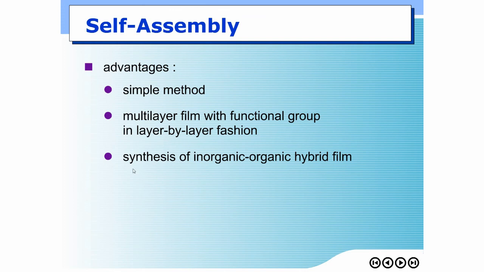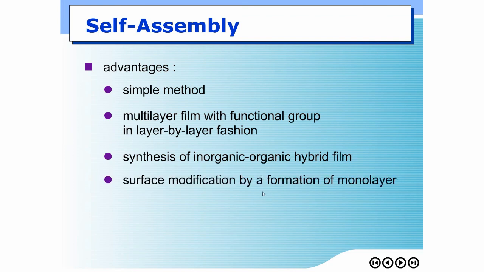This technique is very famous for the formation of inorganic and organic hybrid films. As you can see from my examples, if I choose the precursor to have an organic chain, that material should have an inorganic part and an organic part as well. Then if you design the termination group to terminate reaction after the first layer is done, then you can form a monolayer by itself.